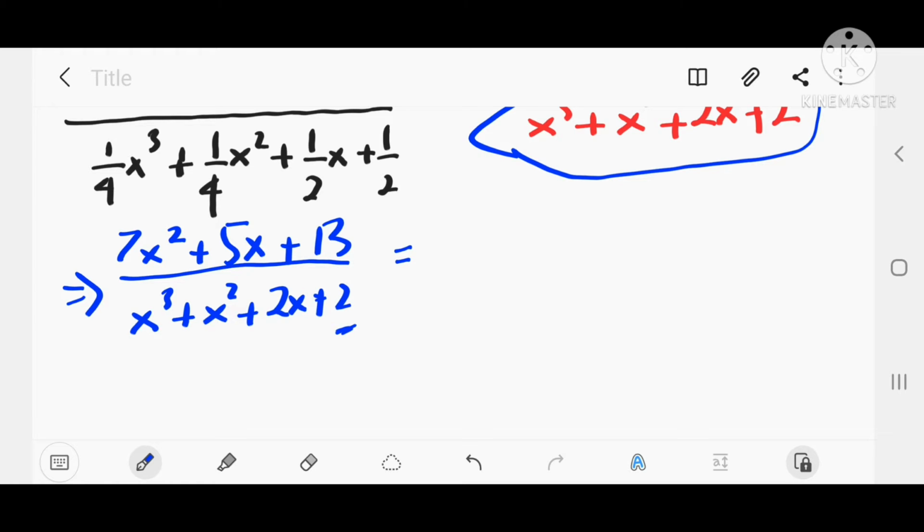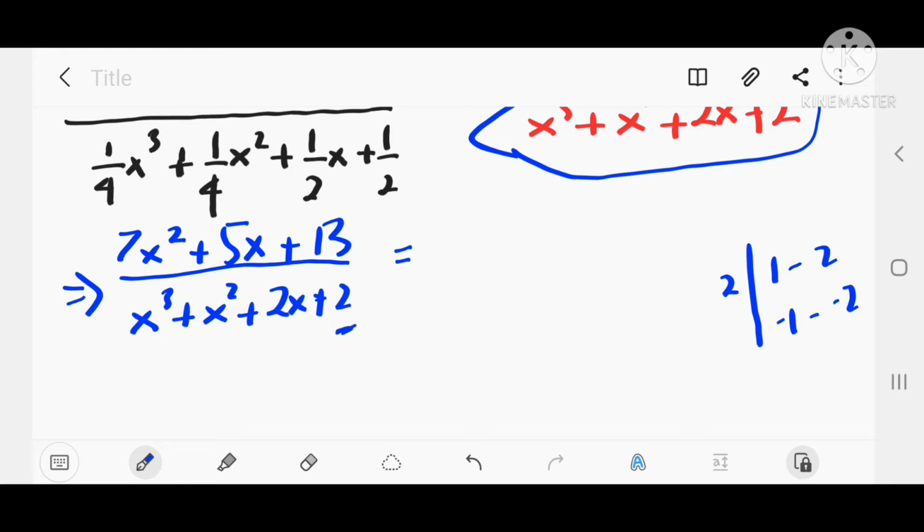So the factors may be 1 and 2, or -1, -2. So what we do is by trial and error.